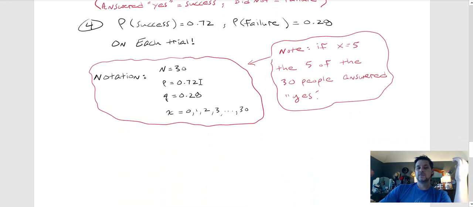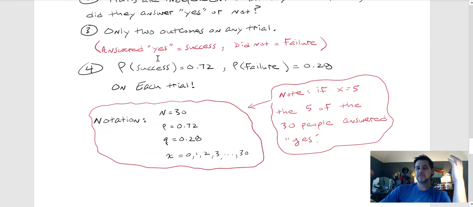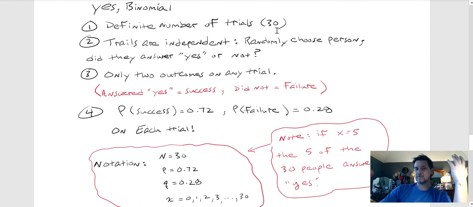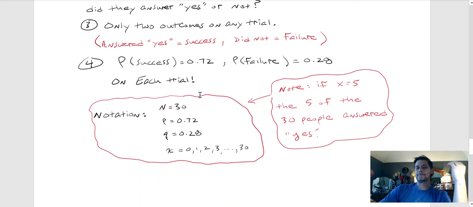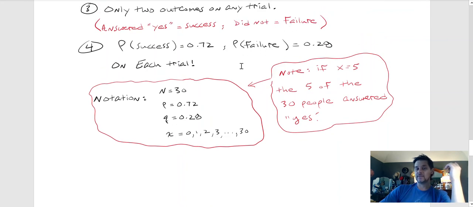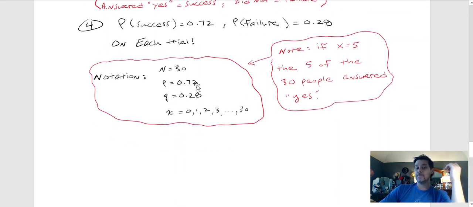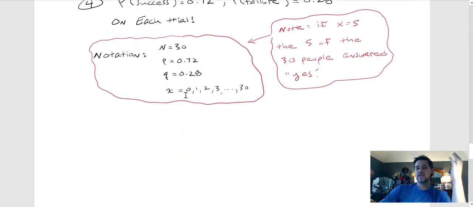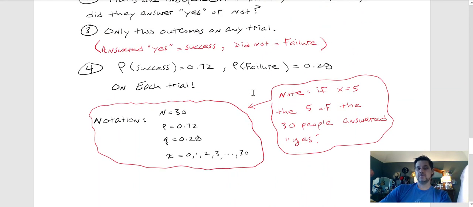So P, the probability of success, the probability that any one of the 30 people you're looking at answered yes to the question, is 0.72. And Q, the probability of failure, or that they did not answer yes, is 1 minus 0.72, which is 0.28. And then X is 0, 1, 2, 3, all the way up to 30, okay? All right, so that's how the notations will work out.